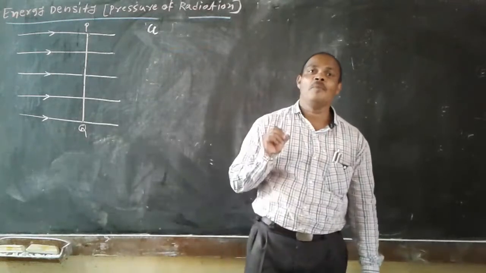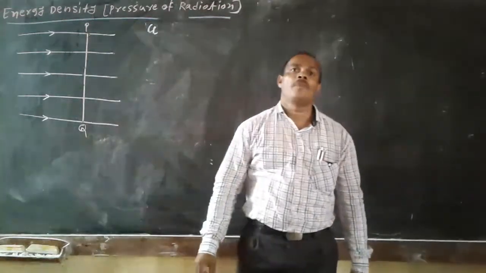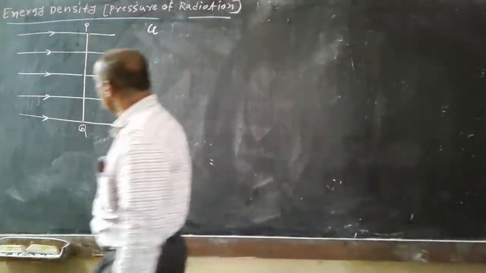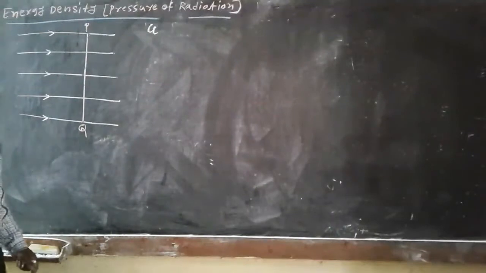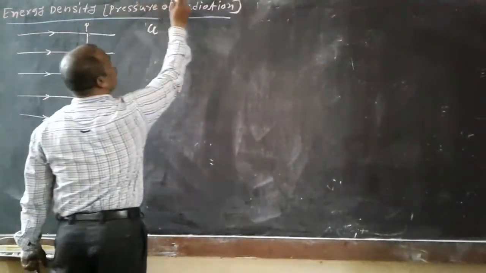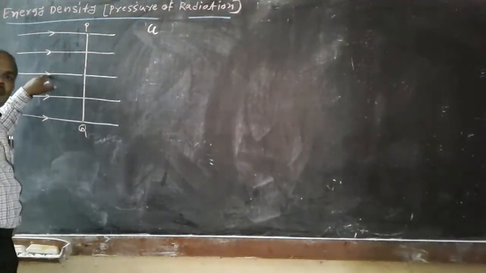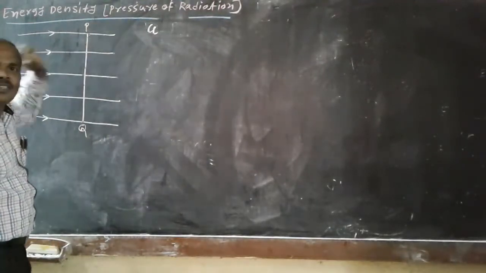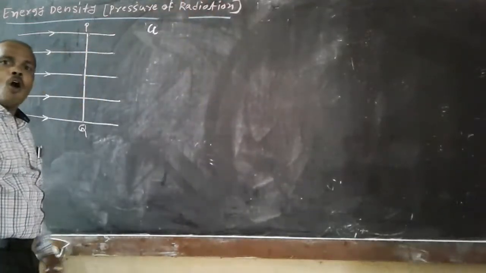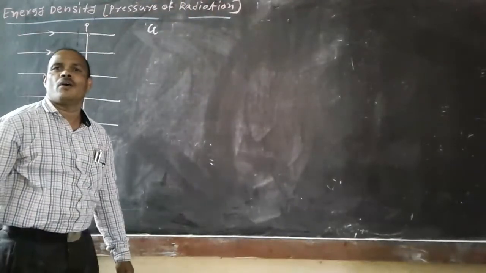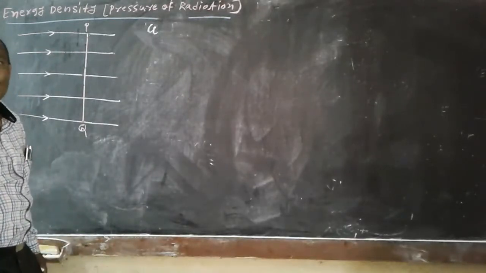They will exert pressure on the surface, and the pressure exerted by this radiation on the surface is called pressure of radiation, or say radiation pressure. It is denoted by letter P.